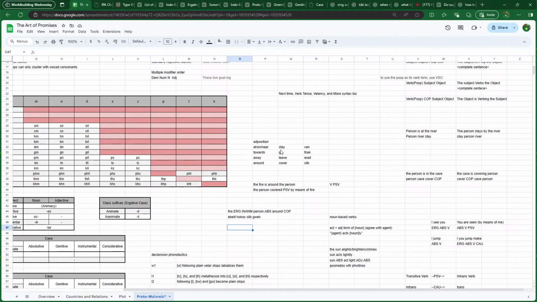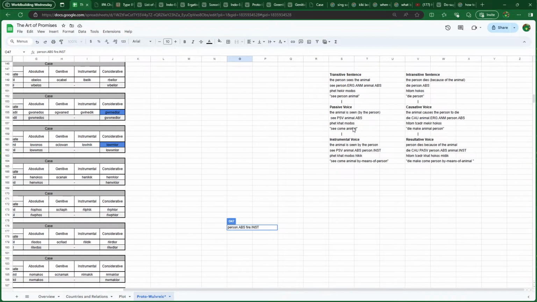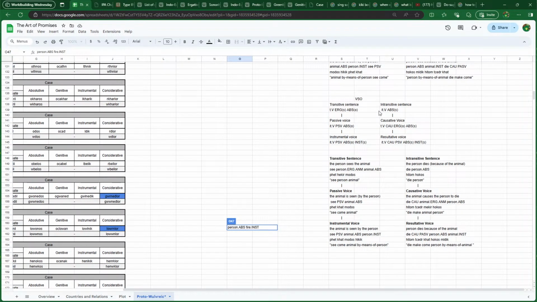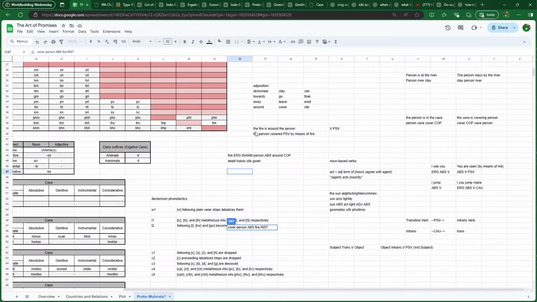So, the person, absolutive, the fire, instrumental, and then the intransitive verb is to cover. Oh no, cover is a transitive verb.